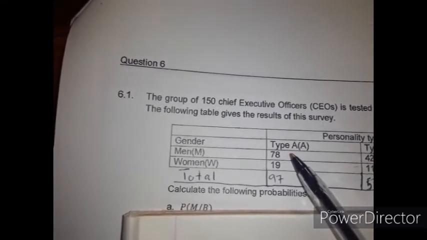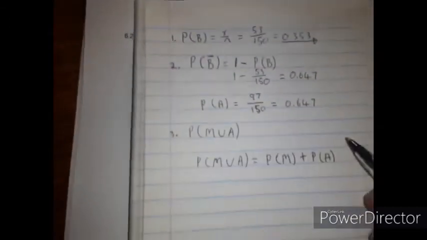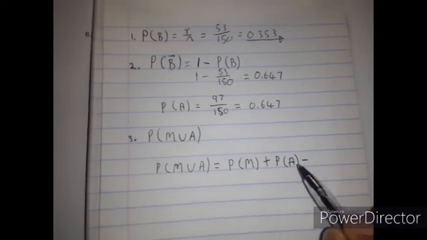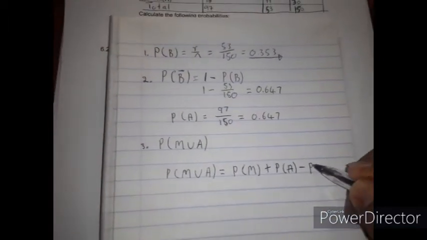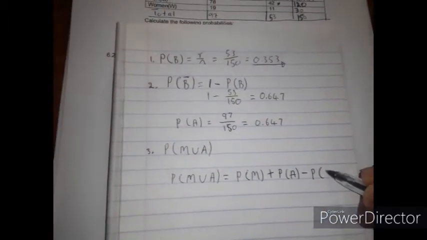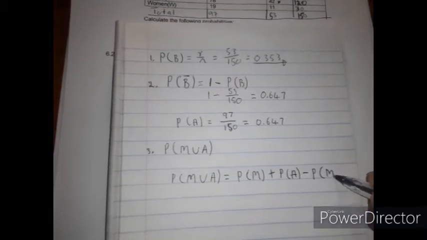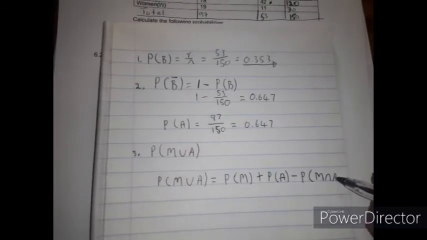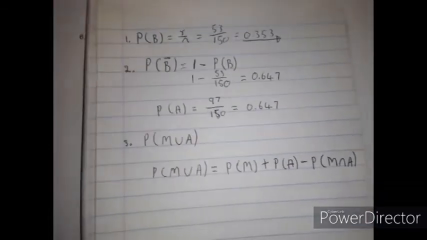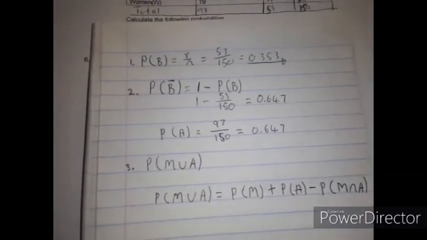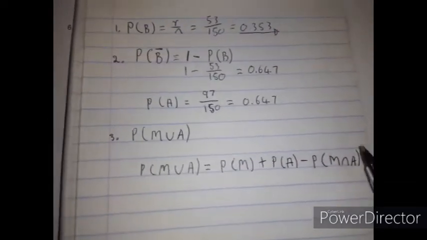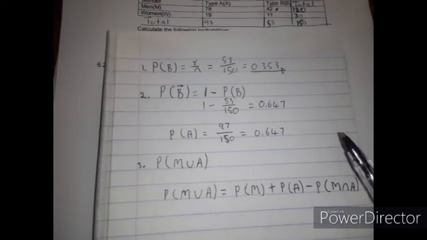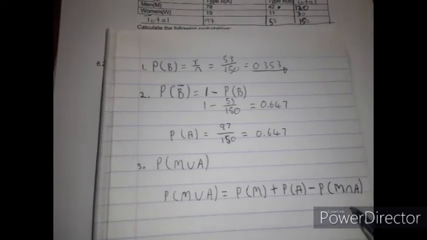So in this formula, we add this part, minus the probability of man and type A. You subtract the intersection if the events are not mutually exclusive.